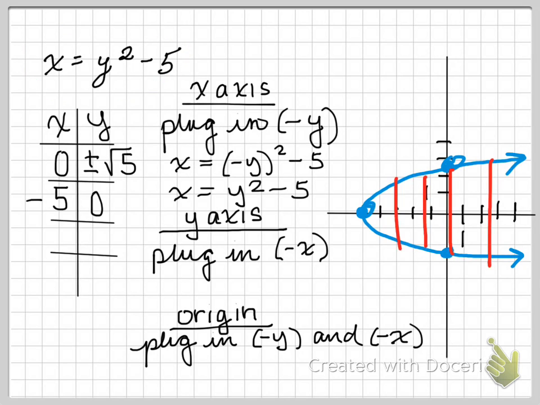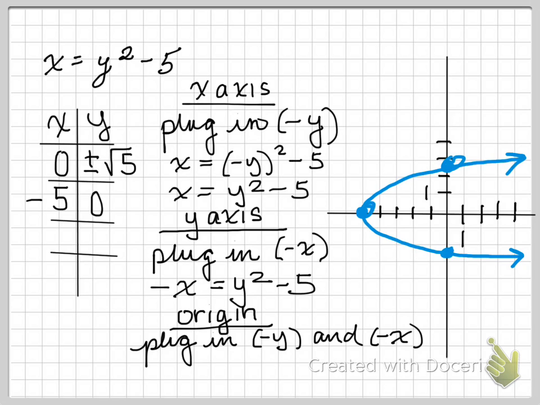This is symmetric across the x-axis. And then for the y-axis symmetry, I plug in a negative x. So that's negative x equal to y squared minus 5. There's nothing I can do as far as simplifying it. So that does not have y-axis symmetry.